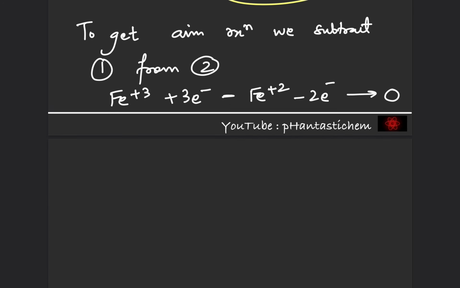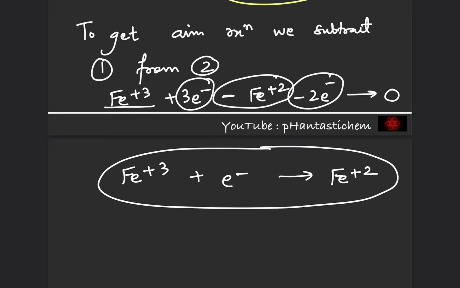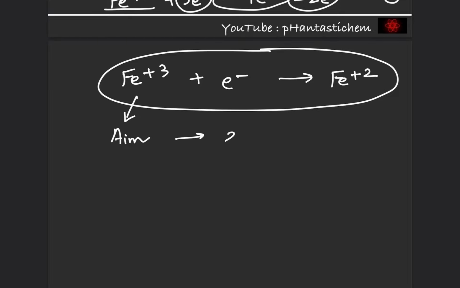Upon subtraction, we get Fe+3, and 3 electrons minus 2 electrons is basically 1 electron, and Fe+2 goes to the RHS and becomes Fe+2. So clearly you can see that this is our aim reaction. Our aim reaction is nothing but reaction 2 minus reaction 1.